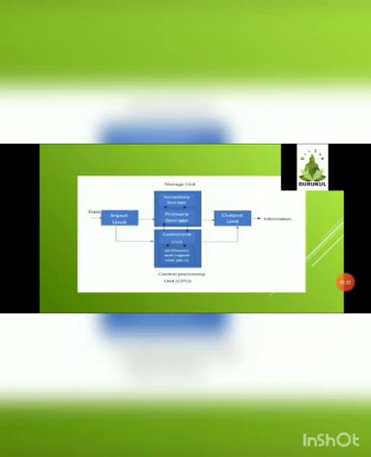The control unit controls all the basic input, output and storage units attached to the computer system. And what is the work of the ALU? The actual calculations are done in the ALU.